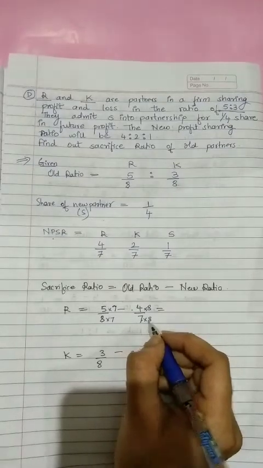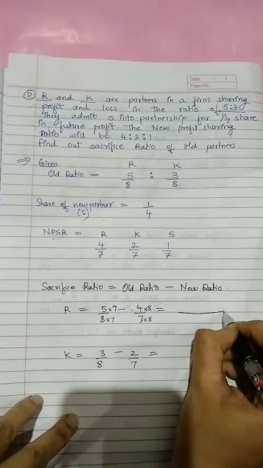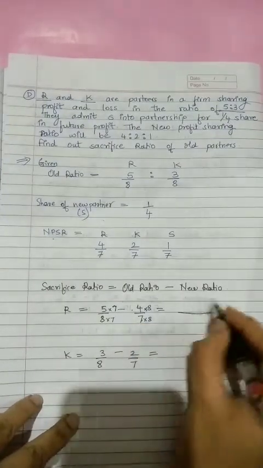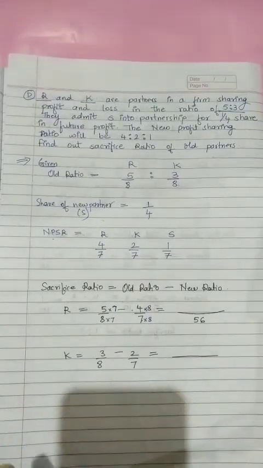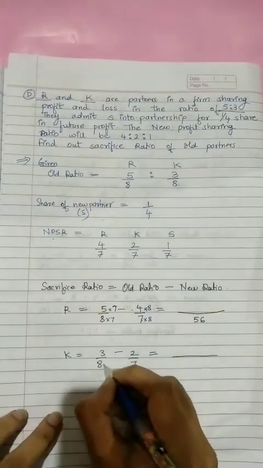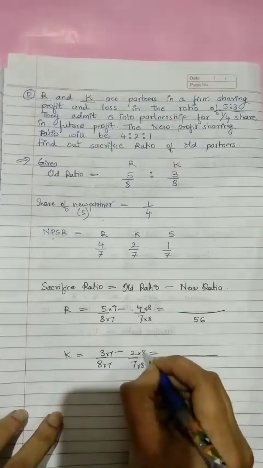Okay, so 8 sevens are 56. In this case also we have to do the same thing, multiply here with 7, multiply here with 8.